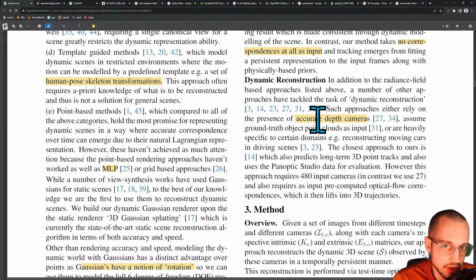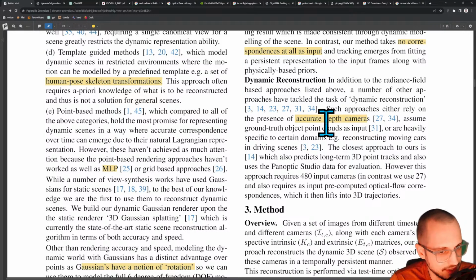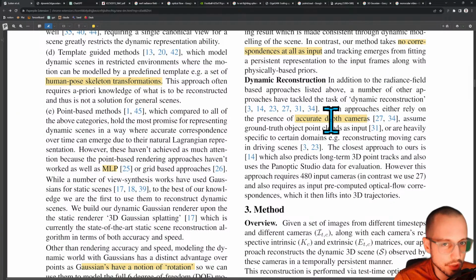All the ways that we have of getting depth have issues. So the only way you're going to have an accurate depth camera is if you're using a synthetic scene, like a game engine, and you can get perfect depth from that. But depth in the real world, especially accurate depth, is a pipe dream. We're never going to get it.